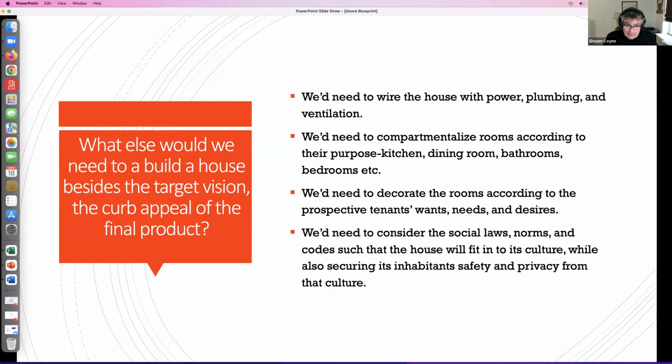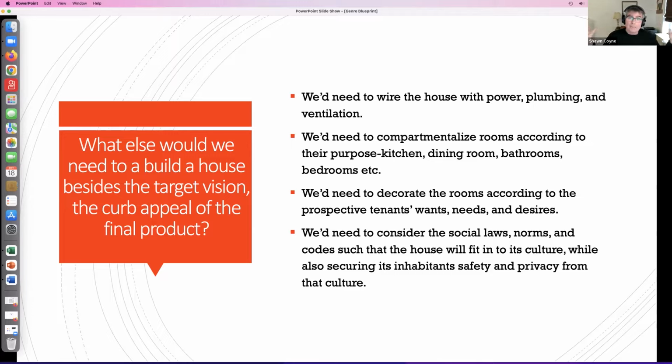And then lastly, or simultaneously, this is important, we need to consider the social laws, norms, and codes of the culture such that the house will fit into its culture, while also securing its inhabitants' safety and privacy from that culture. So it needs to be self-contained, but live inside the culture.